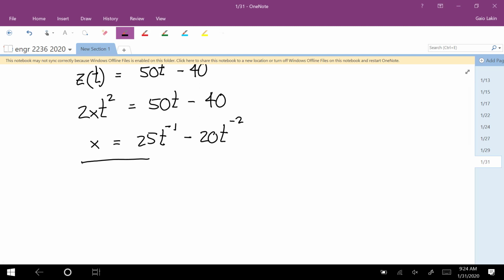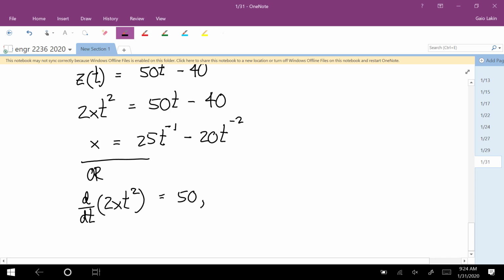So here's what we have. d/dt of the quantity 2xt squared is equal to 50, where x of 1 is equal to 5.